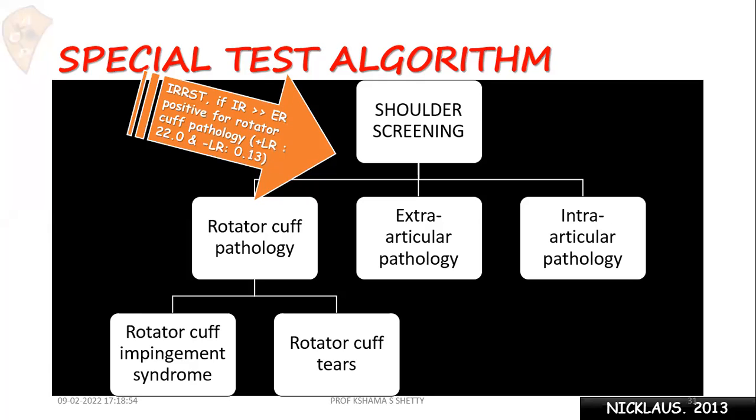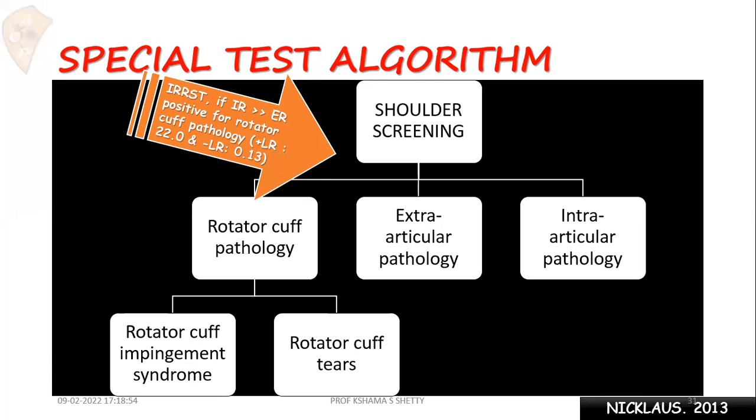So what Nicholas is telling, I'm repeating again. If a shoulder condition comes, you have to screen that condition. Yes, you have to go with your patient history and your physical examination. But when it comes to special tests, you have to screen that condition by doing your internal rotation MMT.